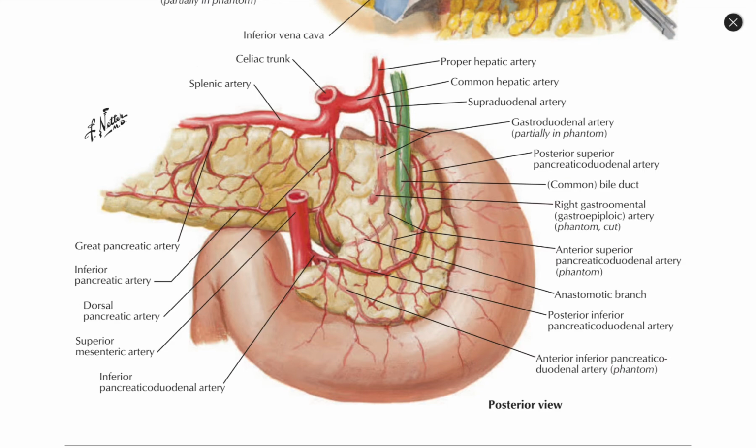Now talking about the arterial supply. The pancreas is supplied mainly by the pancreatic branches from the splenic artery, then from the superior pancreaticoduodenal, and the inferior pancreaticoduodenal artery. The inferior pancreaticoduodenal artery is coming from the SMA, superior mesenteric artery, whereas the superior pancreaticoduodenal artery is coming from the celiac trunk.